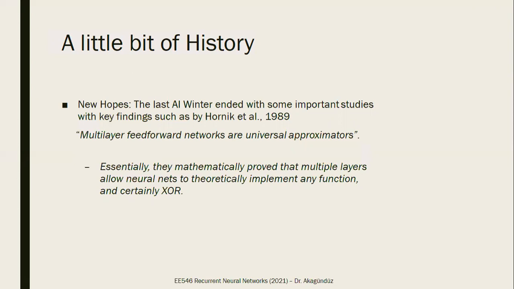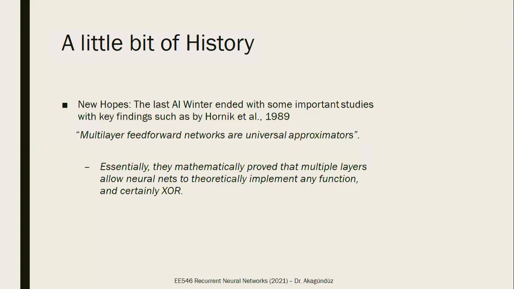But the tricky part was how to train them. So the scientific society spent the succeeding years trying to find out how to train them. They found ways to train convolutional neural networks using GPUs in 2010, 2012. So that was a revolution.